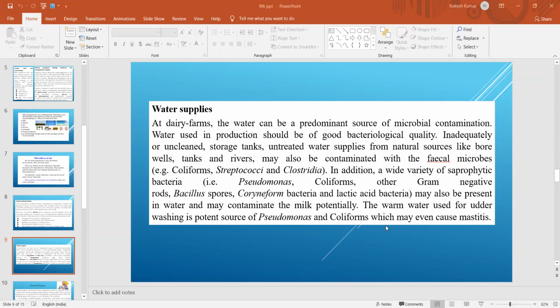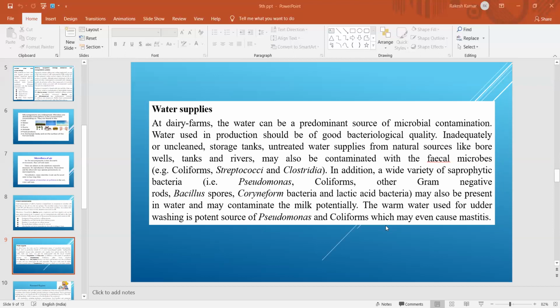Water used in production should be of good bacteriological quality. Inadequately cleaned or uncleaned storage tanks, and untreated water supplies from natural sources like borewells, tanks and rivers may also be contaminated with fecal microbes, that is coliform, streptococci, and clostridia. So whatever water you are taking from a storage tank or some other places must have a good quality level. Otherwise, it will add some number of contaminants to your product.